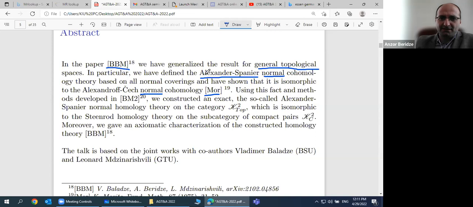And then after constructing this cohomology, we need somehow to construct a homology theory which is connected with Alexander-Spanier normal cohomology theory using the universal coefficient formula.